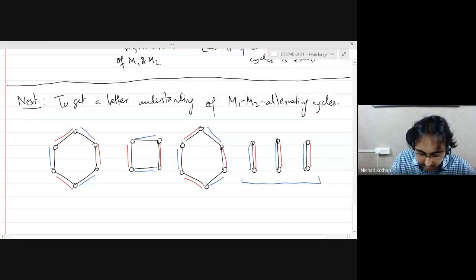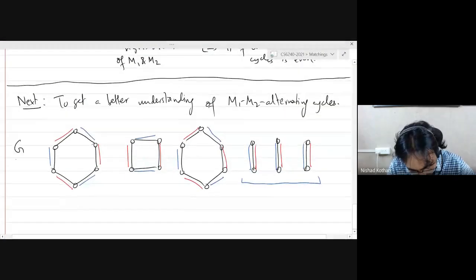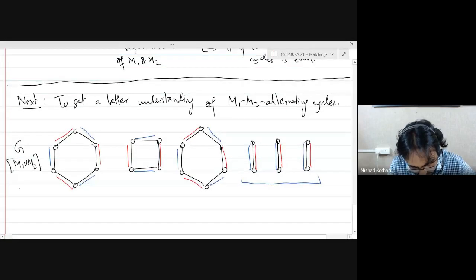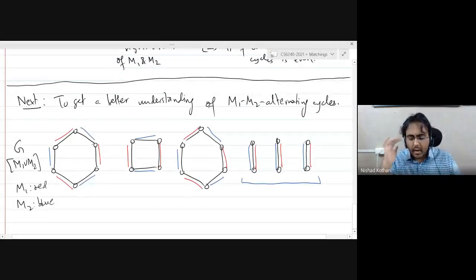So what we are doing is we are looking at the graph induced by M1 union M2, where M1 is the red perfect matching and M2 is the blue perfect matching.